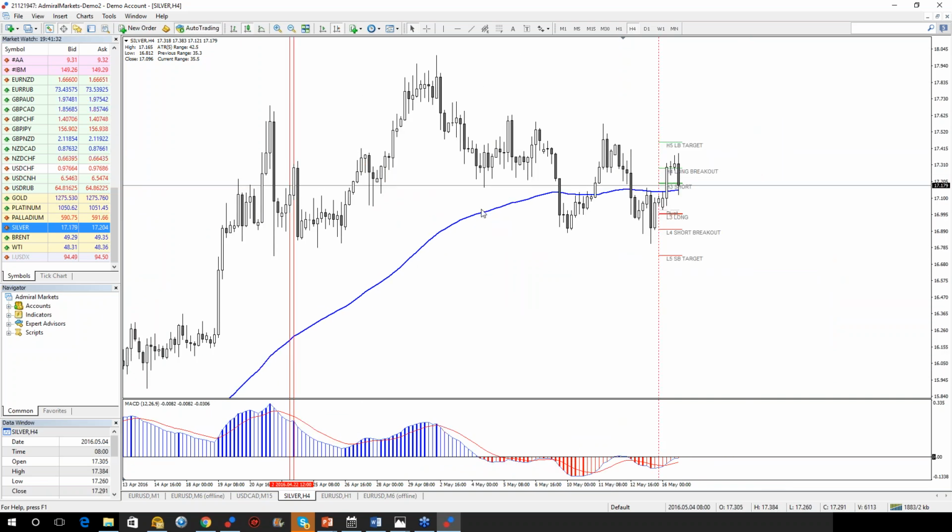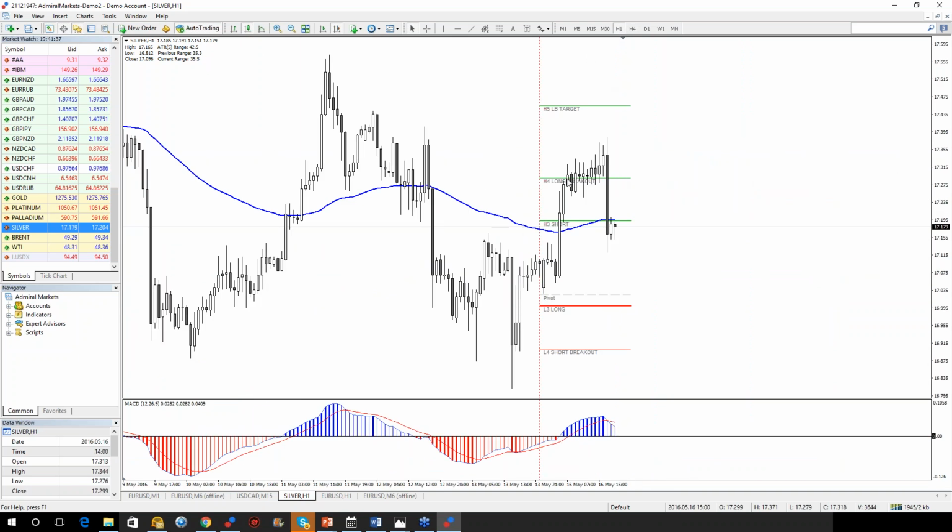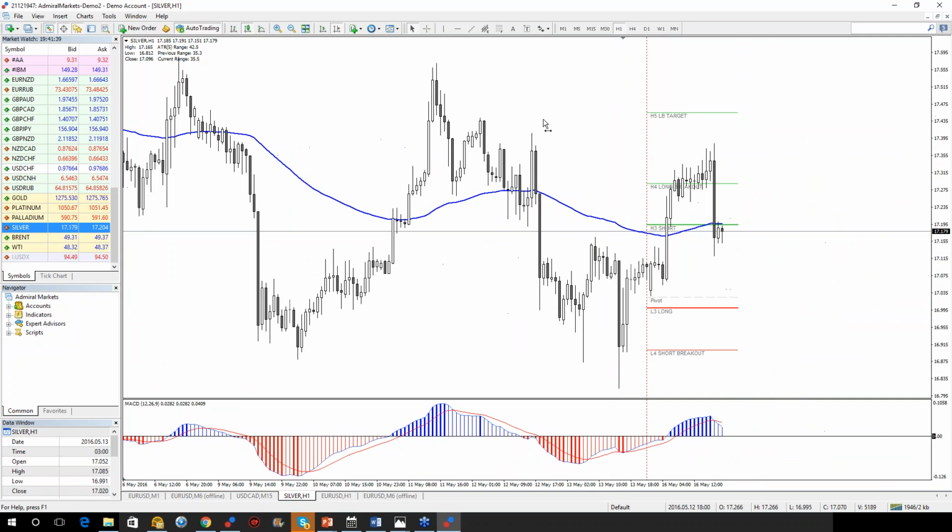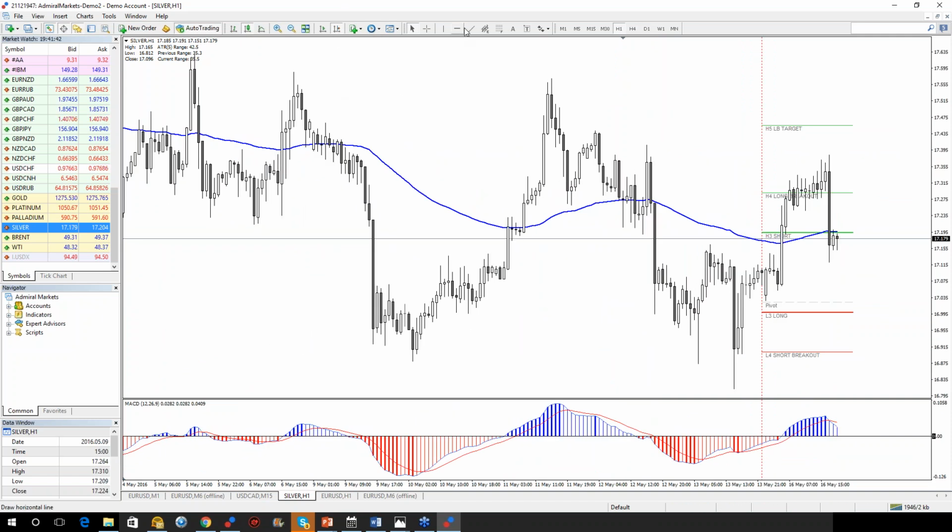Bearish movements on silver, but hitting the support here. 1 hour is ranging. See, this is the range.